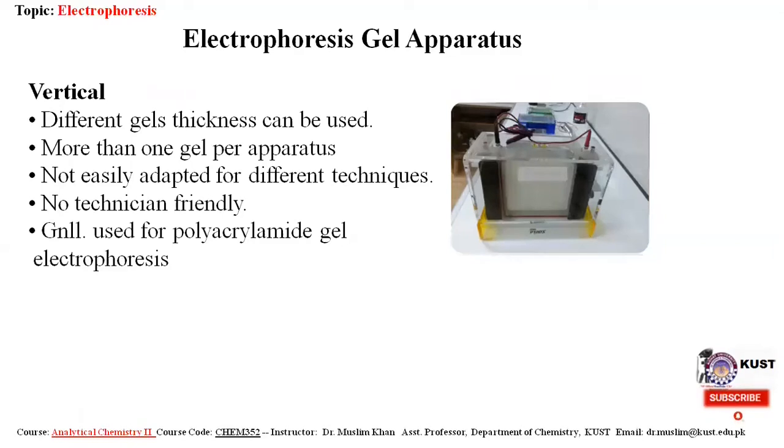On the other hand, it is not very adaptable to different techniques when you want to connect it to them, and it is not very technician friendly. It is generally used for the polyacrylamide gel electrophoresis technique.